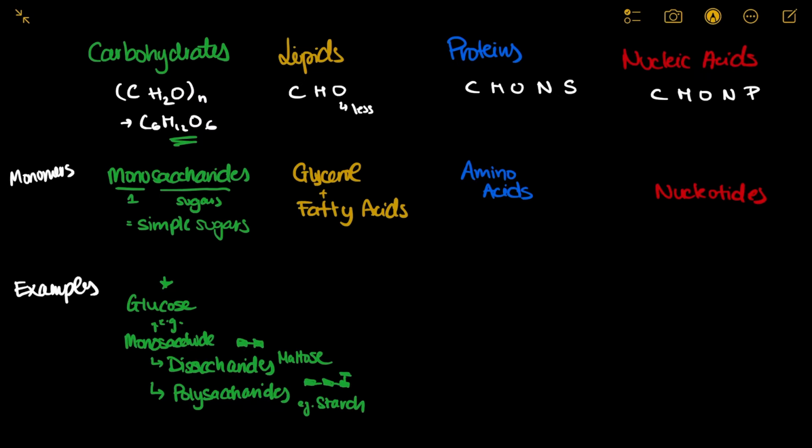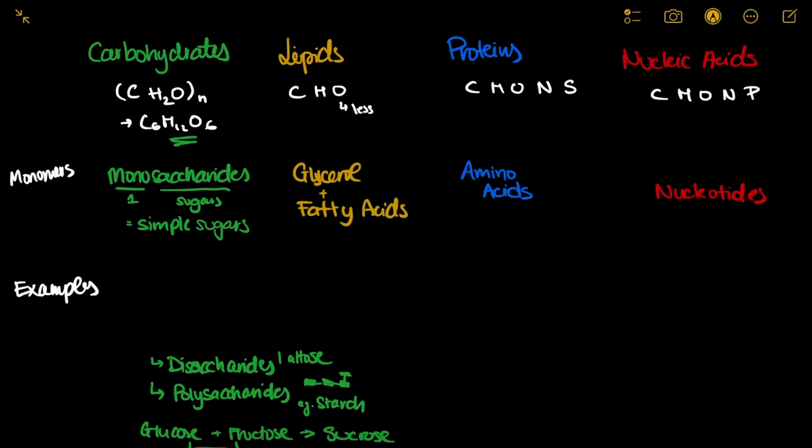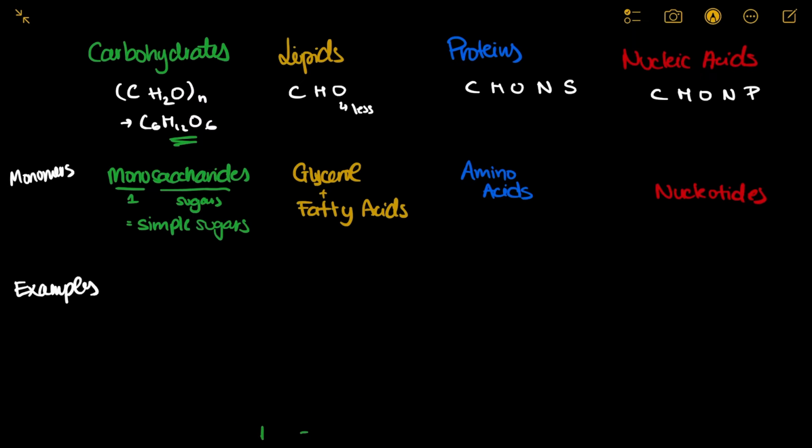For example, there's also fructose, and if you put glucose, which is a monomer, plus fructose, so these are two monosaccharides, they make together a disaccharide, and in this case, this disaccharide would be called sucrose. So these are details which I'll talk to you more about in later videos. This is the intro to the 4 biological molecules.